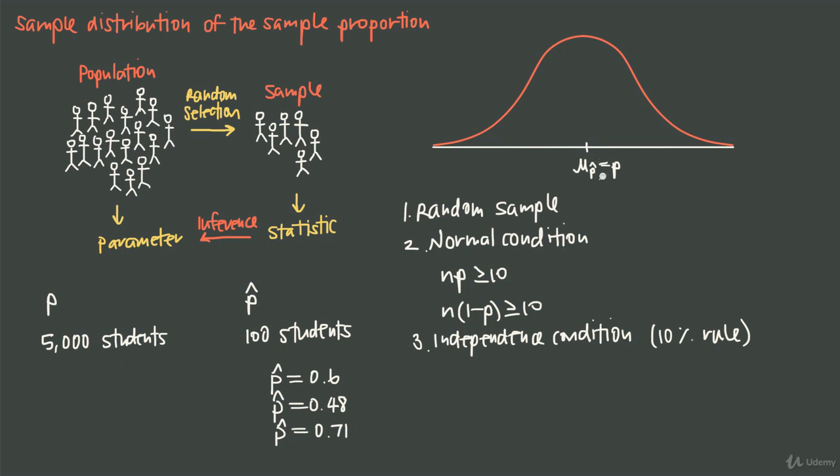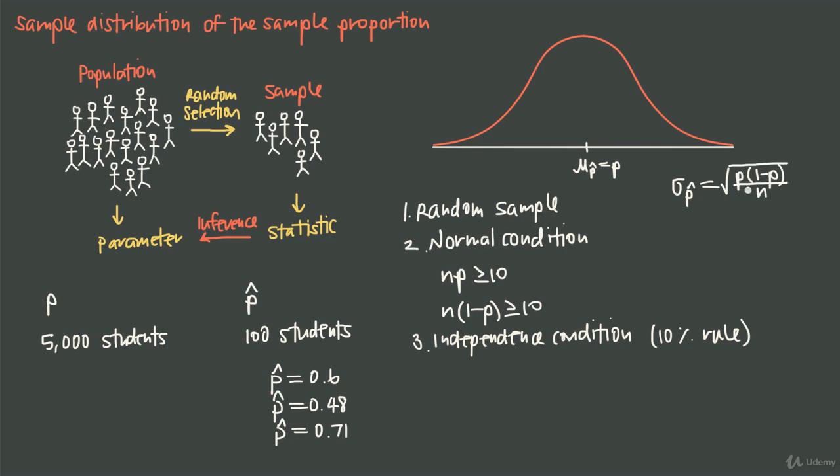We're also going to be able to find the standard deviation of the sample proportion, which, because it's the standard deviation for the sample, we oftentimes call the standard error of the proportion. And that standard error formula is going to be sigma is equal to the square root of the population proportion times 1 minus the population proportion, divided by the number of subjects in our sample.